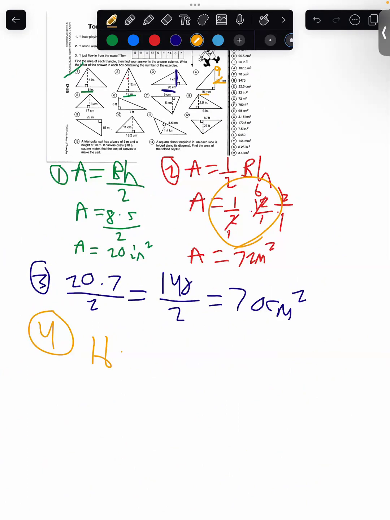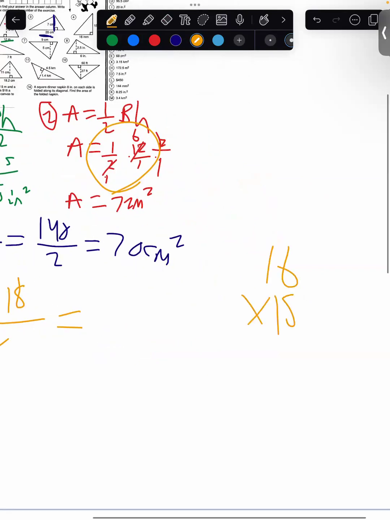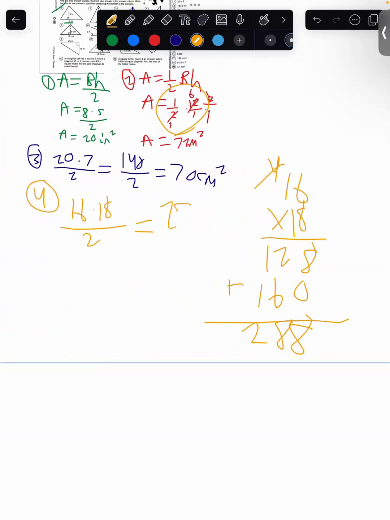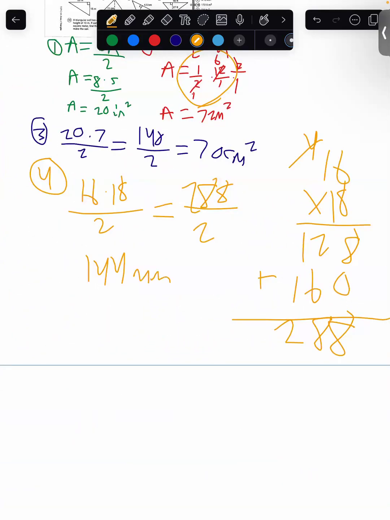So if I put 16 times 18 divided by 2, right? Then 16 times 18, that's 48, that's 12, that's 160. So it's going to be 288. Now, 288 divided by 2 is going to be 144, and that is millimeters squared.